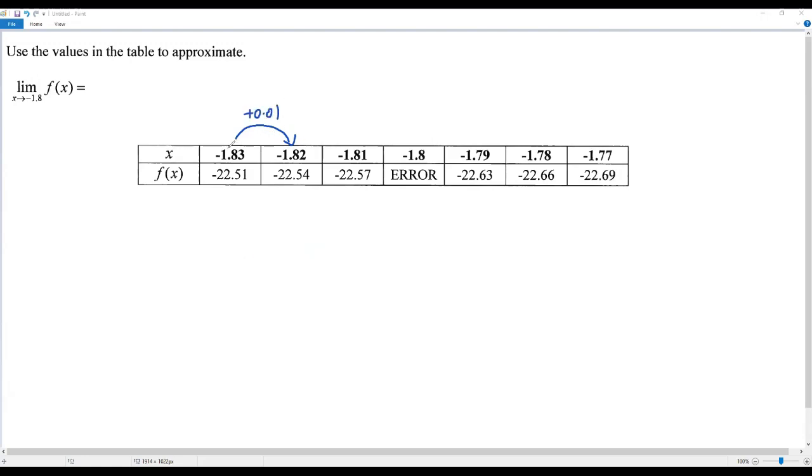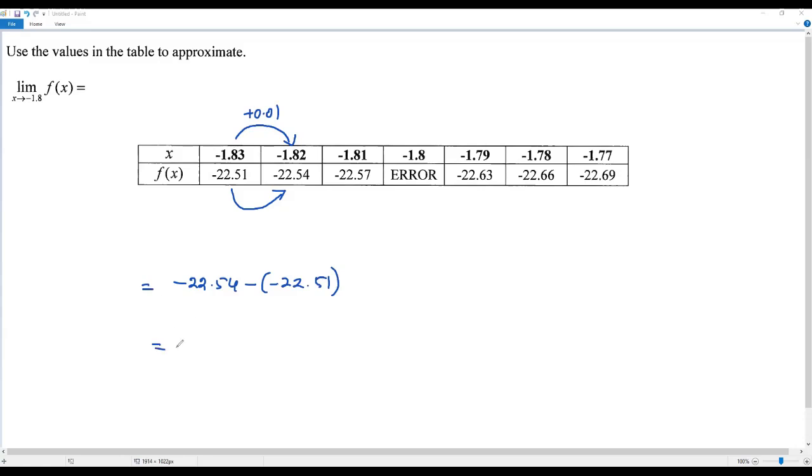When x is increased by 0.01, how much is f of x decreased or increased? Clearly f of x is decreased, from negative 22.51 to negative 22.54. To know how much, subtract the first value from the second value, that is negative 22.54 minus negative 22.51.